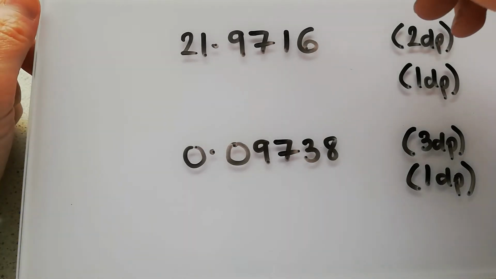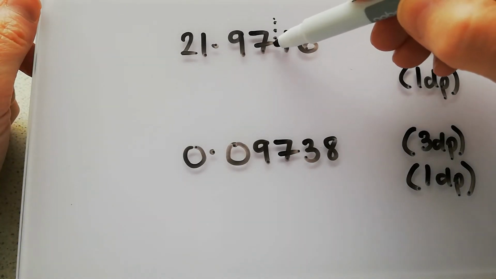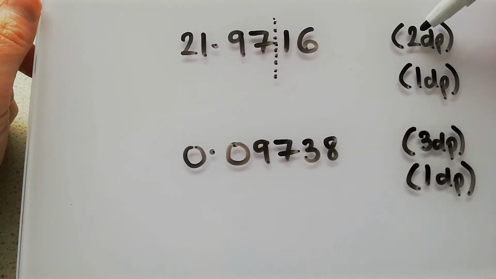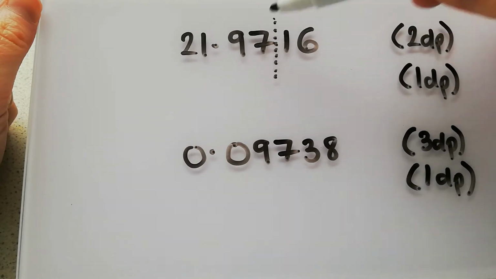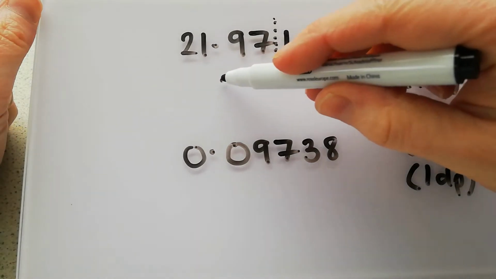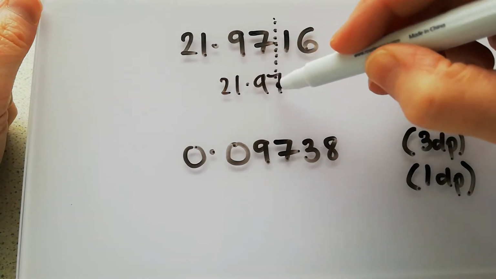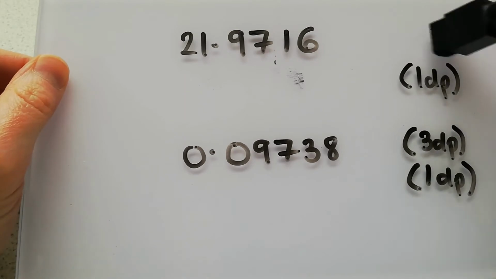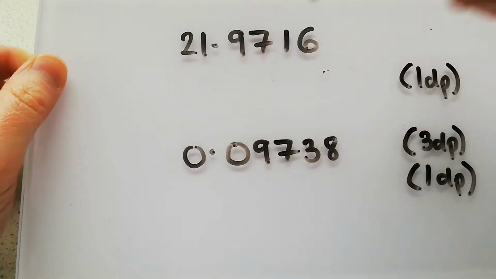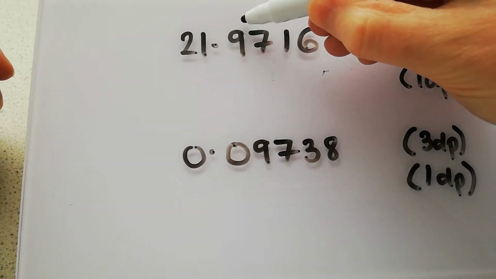Right, so looking at that first one, if I make a cut there after 2 decimal places, that's less than 5. So the 7 stays as it is. So to 2 decimal places, we have 21.97. So nothing really changes. If, however, I wanted it to 1 decimal place, I would make a cut there.